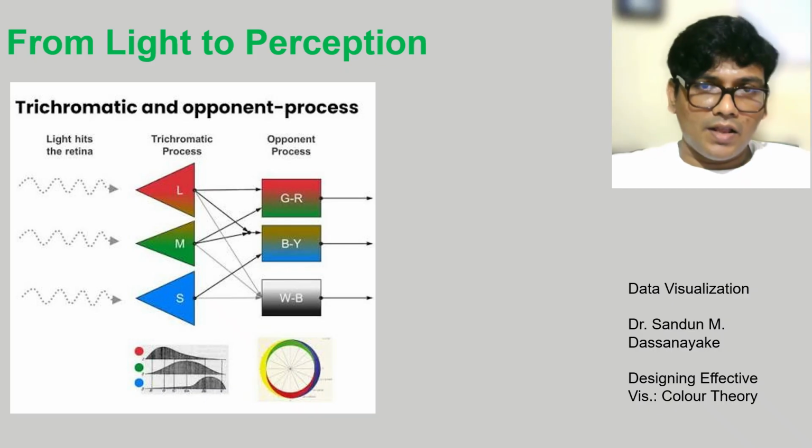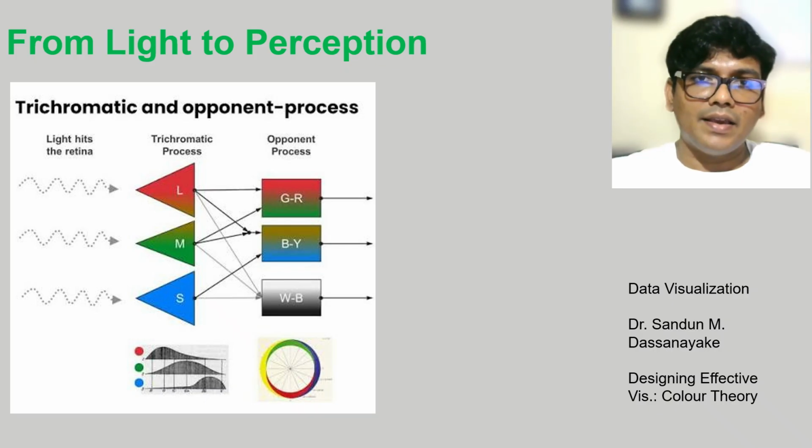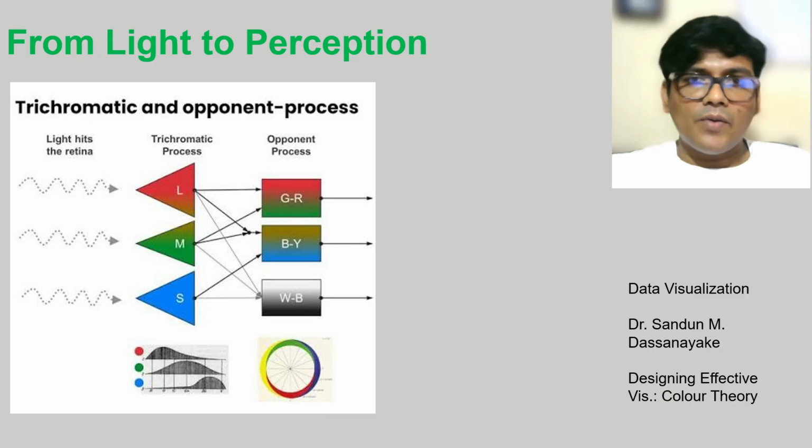Let's think about how color actually is generated. Let's establish the mechanism. Color starts as light, electromagnetic radiation, but our experience of it is entirely constructed by the brain through two-layered processes. First is known as trichromatic sensing. Three cone types respond to different wavelength ranges.